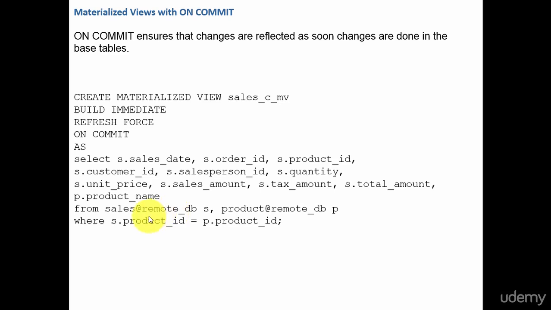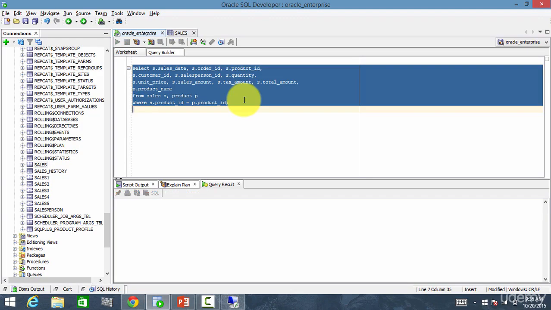I'm accessing sales@remote_DB and product@remote_DB, which means I'm referring to tables present in some other server. But for our demo I'll not be using this because I don't have any remote server, so I will be using a local server to demonstrate the creation of the materialized view. So this is the SQL.